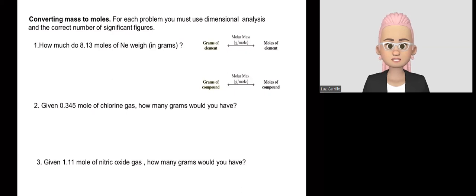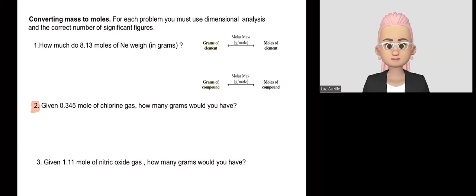So in order for me to illustrate how to do these conversions, I'm going to do specifically problem 2. As you can see, problem 2 states, given 0.345 moles of chlorine gas, how many grams would you have?